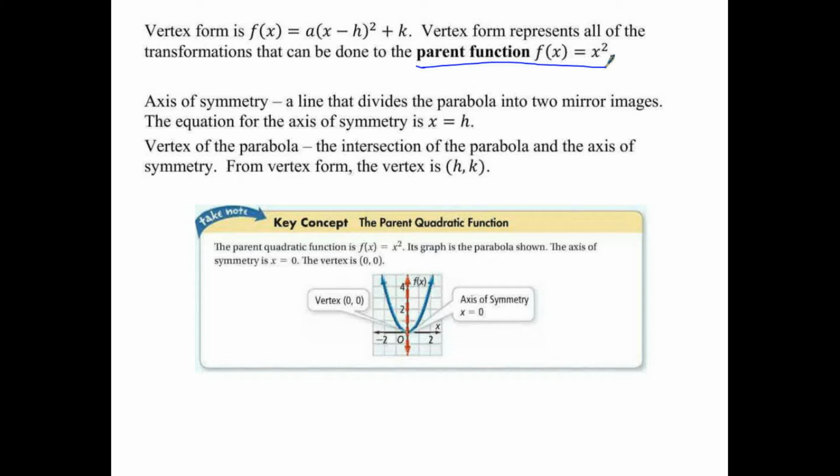Okay, and then what else? So we have translations and dilations. Rotations is another type of transformation, and reflections is the other type of transformation. So in Chapter 2, we were dealing with just 3 of the 4. We did not talk about rotations because rotations, if we took a parabola and rotated it, would no longer be a function. So we left that one out, and we just dealt with reflections, dilations, and translations.